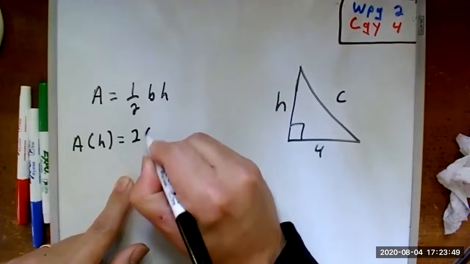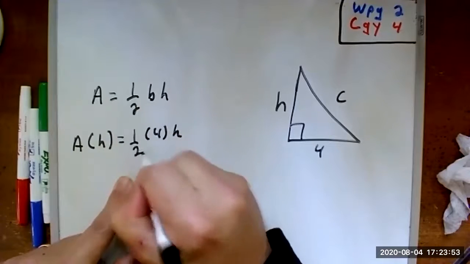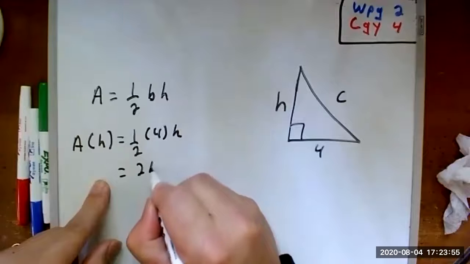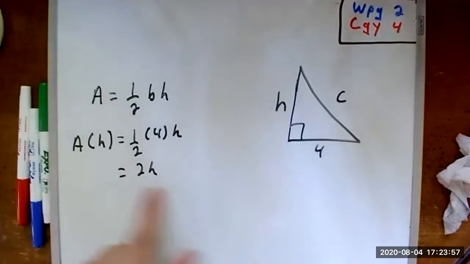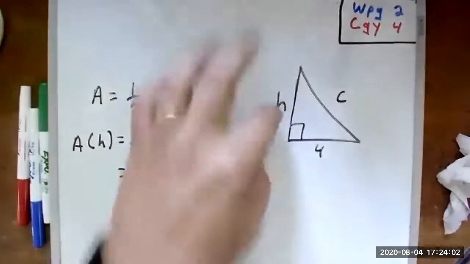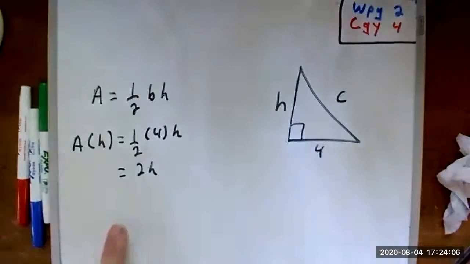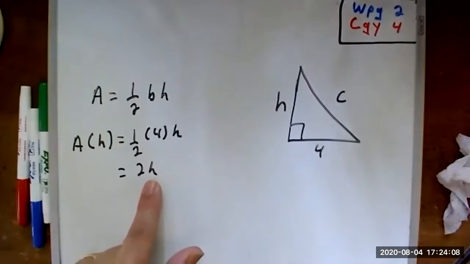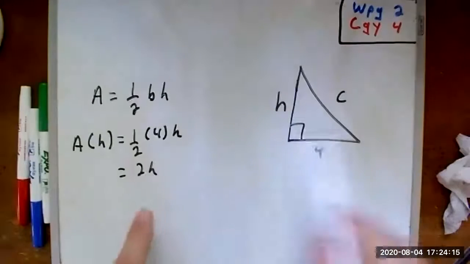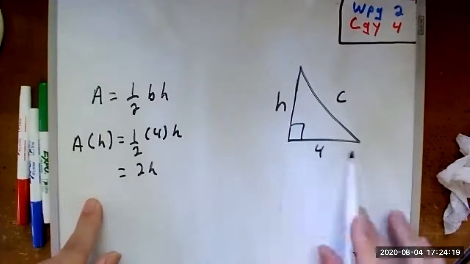So if we were asked for the formula of the area of this just in relationship to h, we would know that because I can go 1/2 times 4 times h, it just brings us down to 2h. Now I've got a formula for the area that no matter what h ends up being, so if I changed the height on this triangle or shrunk the height on this triangle in any sort of way, the formula would still hold. So far, so good?